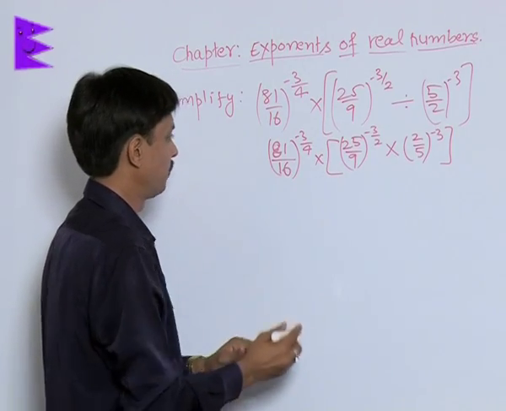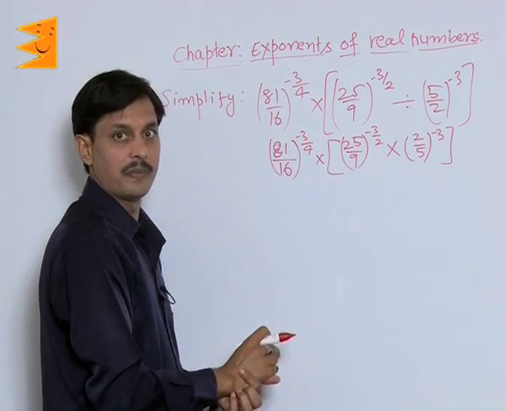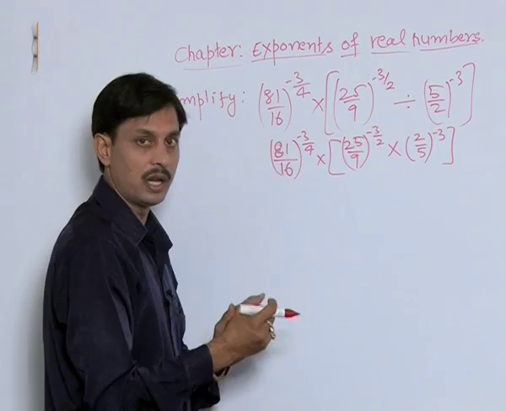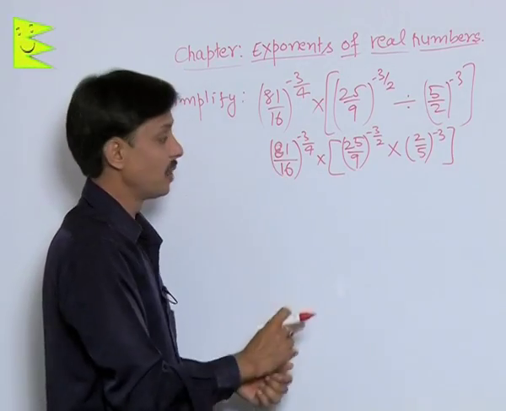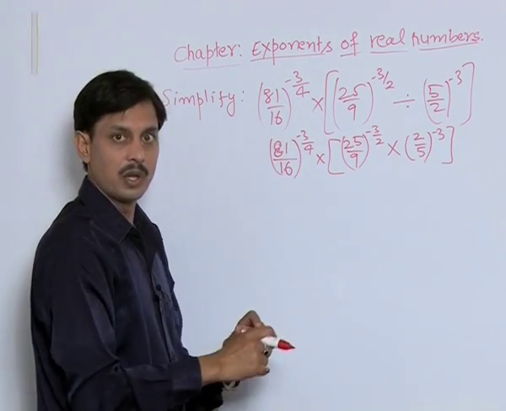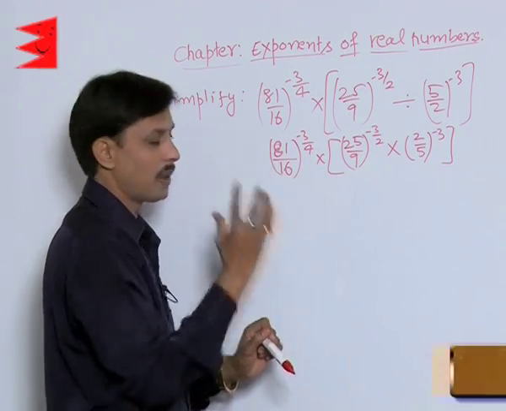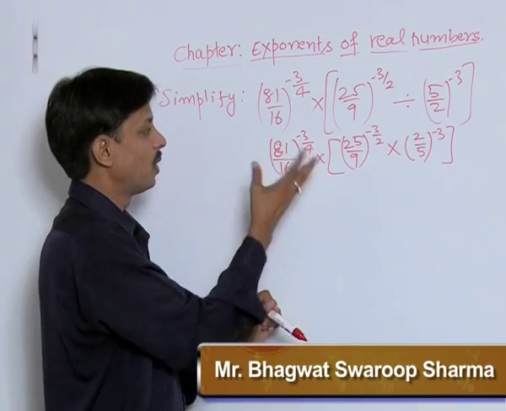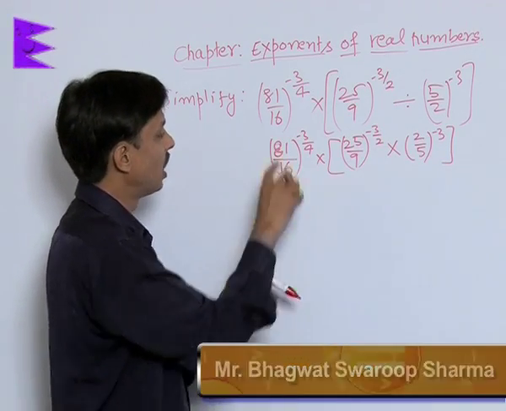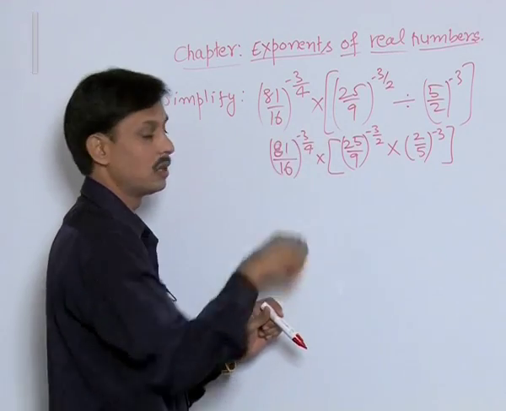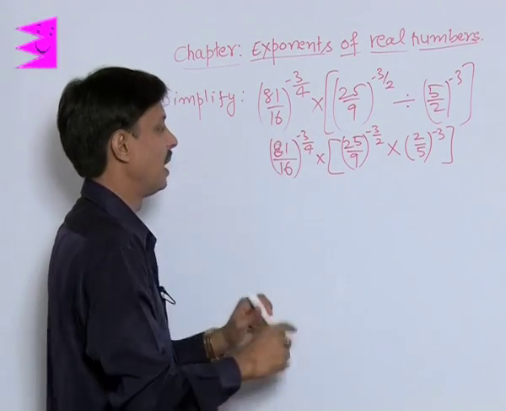Now 81, prime factorization of 81, and this is 16, but this is a negative power. You know, when you want to make a negative power positive, what do we need to do? We need to reverse the base.